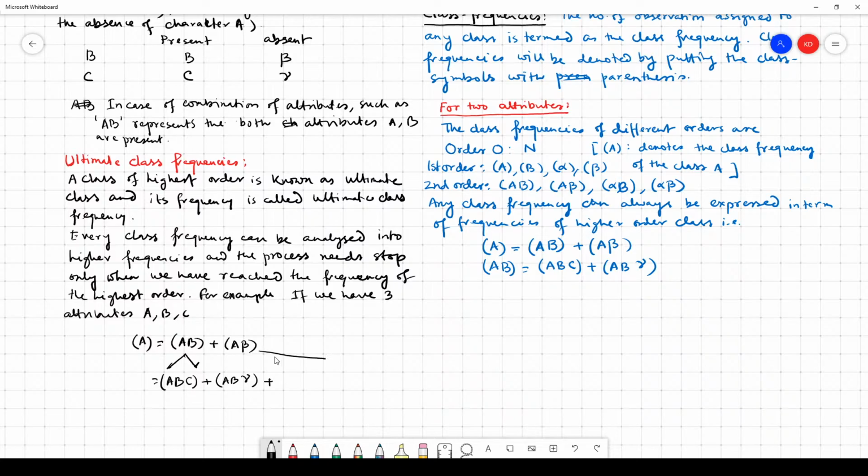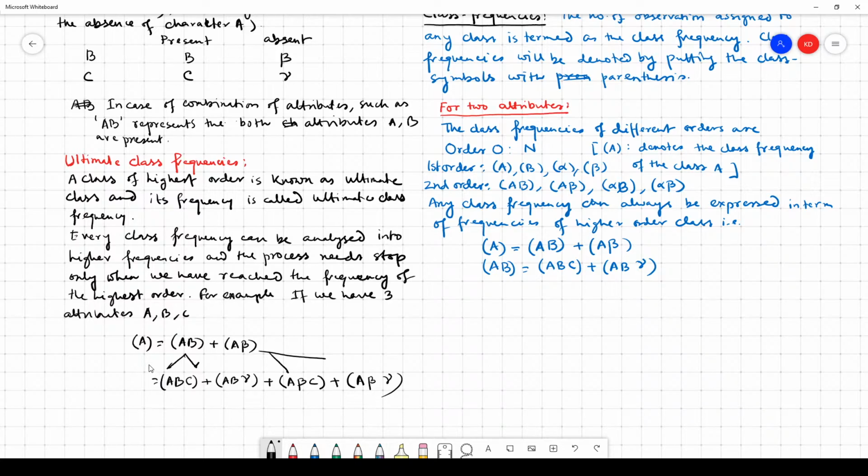Again, I break this into two parts: A present, B absent, C present, A present, B absent, C also absent. So in that way, we can express this as a highest order. Okay, Pritam, I think you got your answer now.